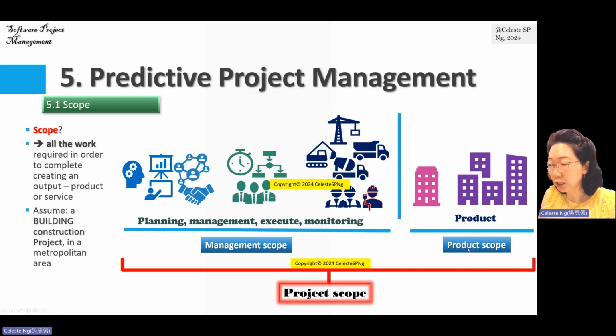We can define how many ground floors we need to have in this building, and how many levels you want to build in this building. And then on each floor, how many apartments or how many offices we want to build. That will be our product scope. We are defining what the requirements are, what the specifications are inside our product.